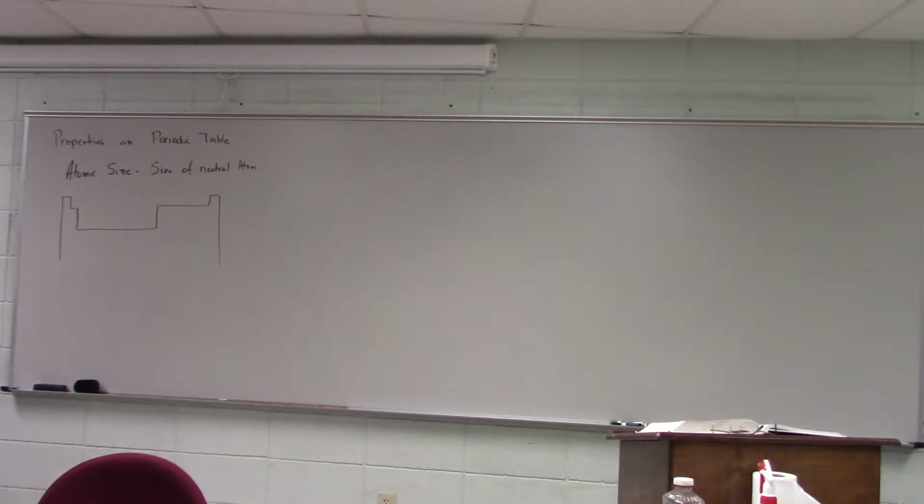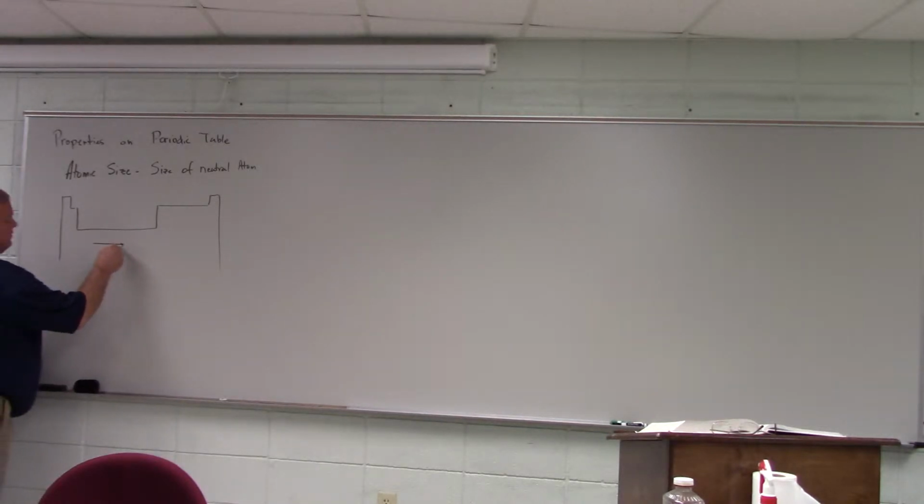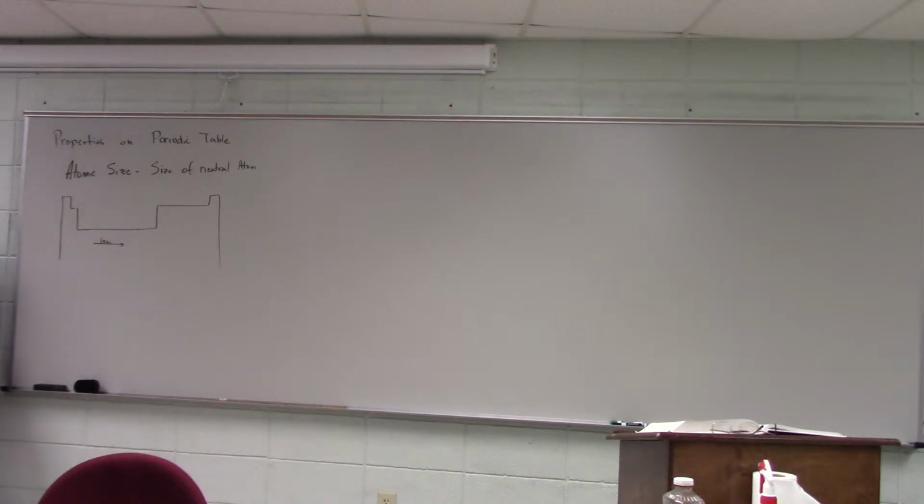So, atomic size would increase as you go across a period, and it would increase as you go down a family. Okay? Now, we could say it decreases as we move from right to left, or decreases as we move from bottom to top.